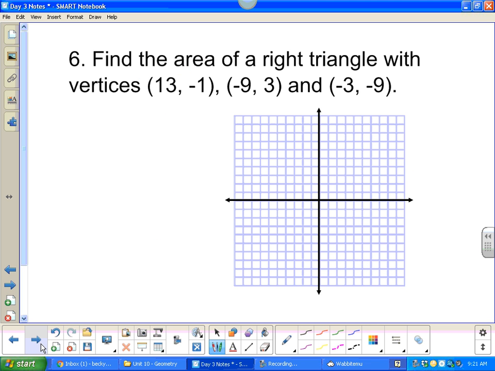Okay. Next one I don't think is going to be quite so nice. So make sure you look out for ones like number 5 because those are easy. Okay, so find the area of a triangle. So I'm going to go ahead and write my formula down. Okay, vertices 13, -1.